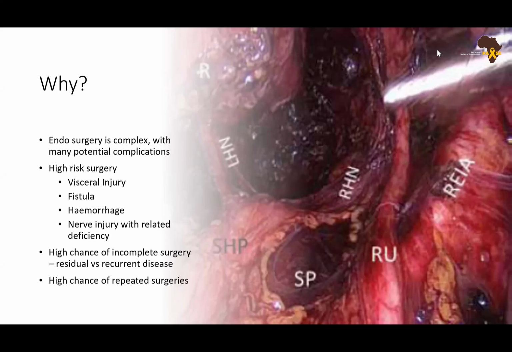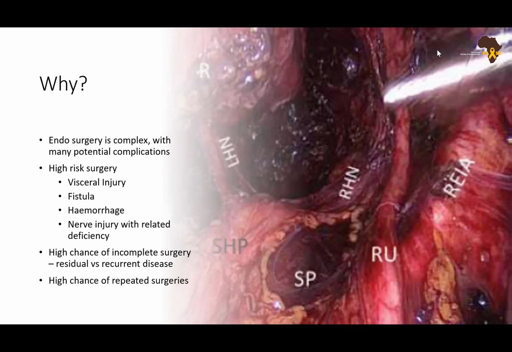Why? Because if we decide to go in for surgery, this surgery is complex and carries many potential complications, including a very high risk of visceral injury, fistula formation, hemorrhage, and nerve injury with related deficiencies.